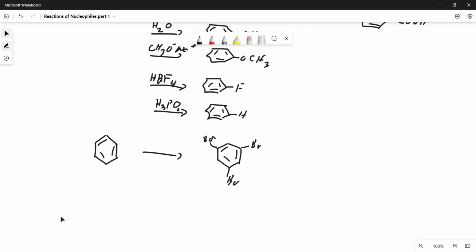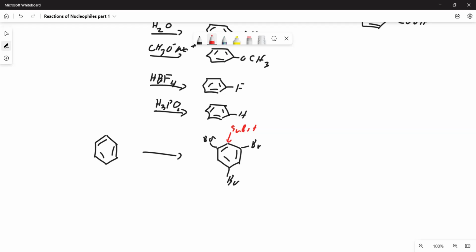Well, if we can attach a substituent here, you notice that the bromines now are at the ortho and para positions.